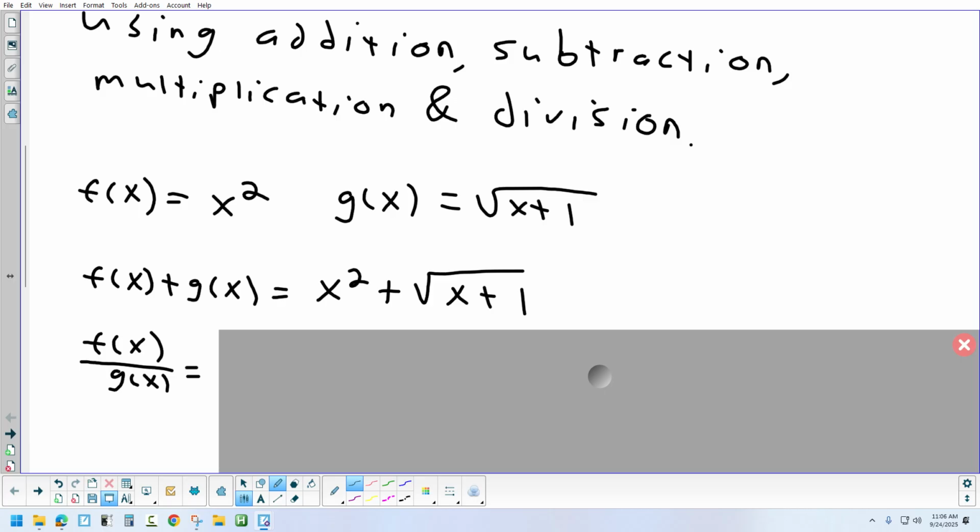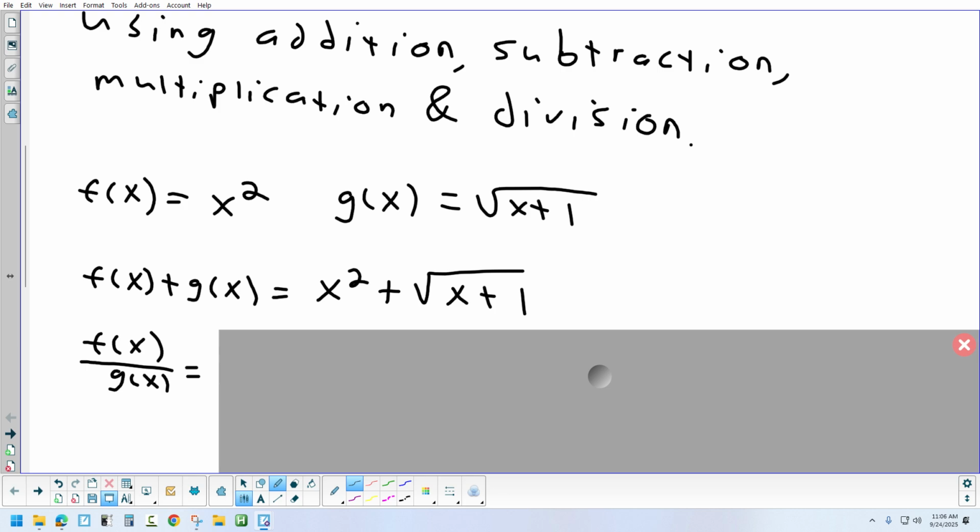How about if we wanted to divide them? Well, how do you think I would write the new function, f of x divided by g of x? How about Caleb, what do you think? That's a really good question. Would you mind saying it again?